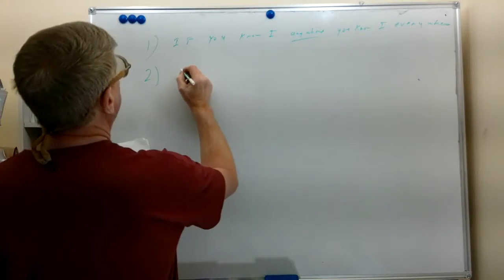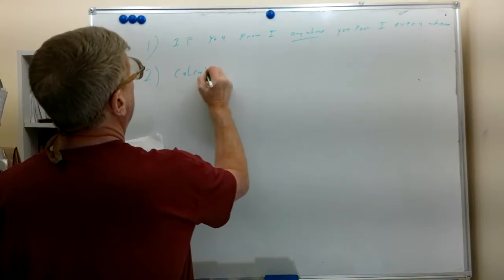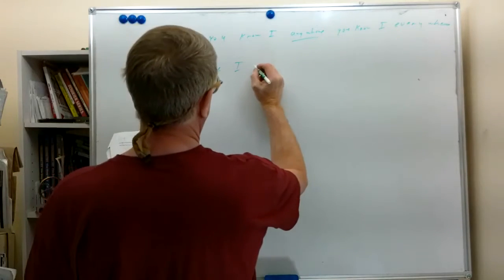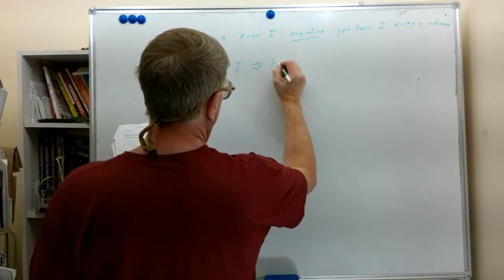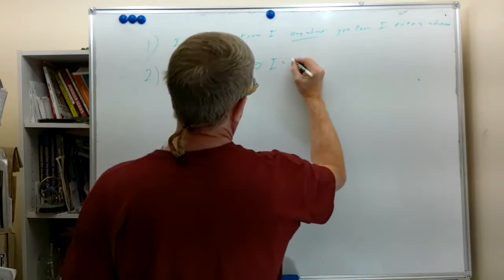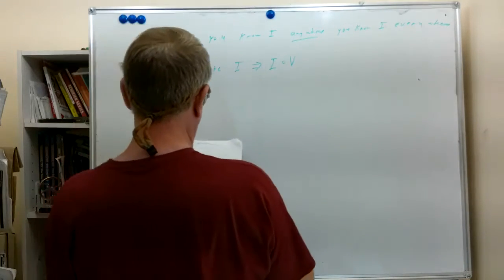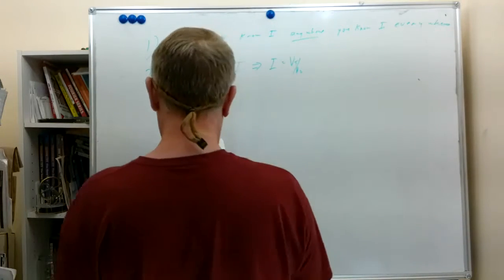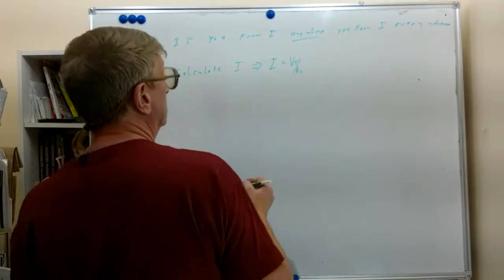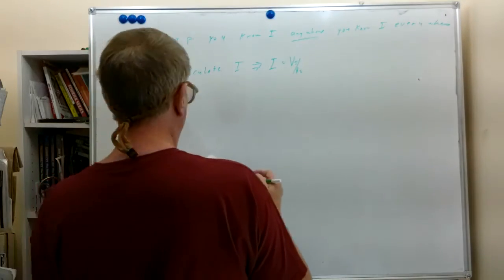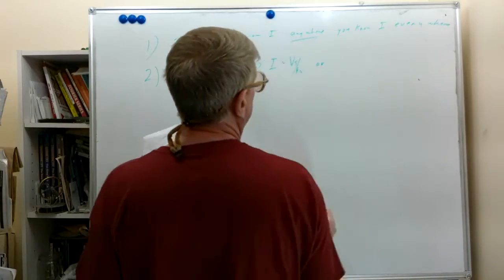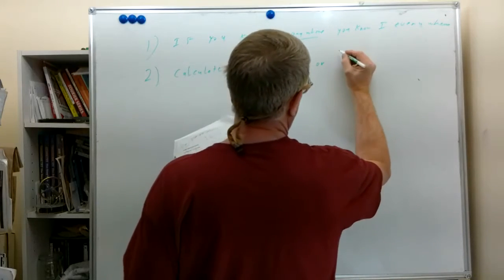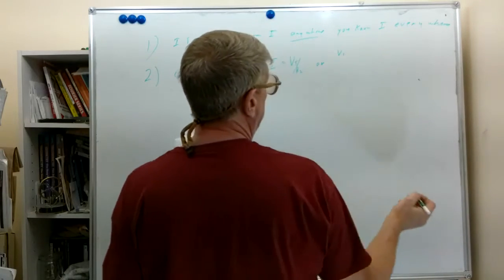And so basically we're going to calculate I either by using I is equal to VT over RT, or you might calculate it because they gave you the resistance of some component and the voltage across it, so maybe they'll give you the voltage across R1, say, we call that V1.